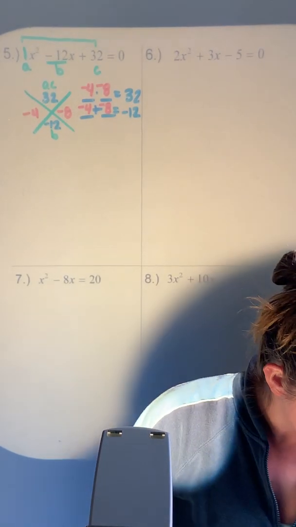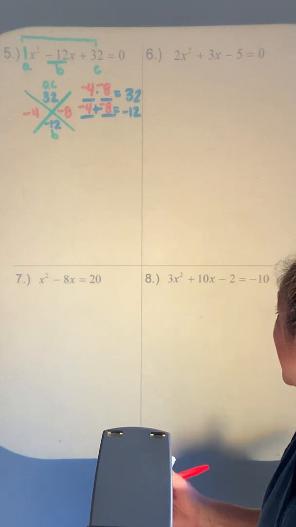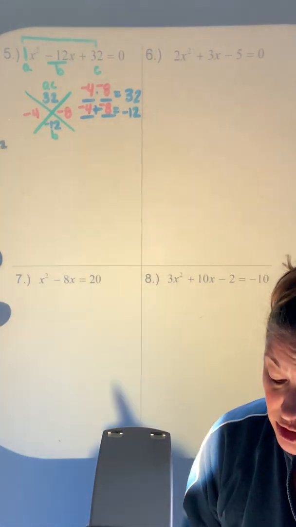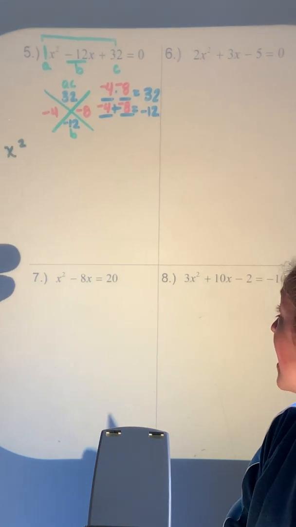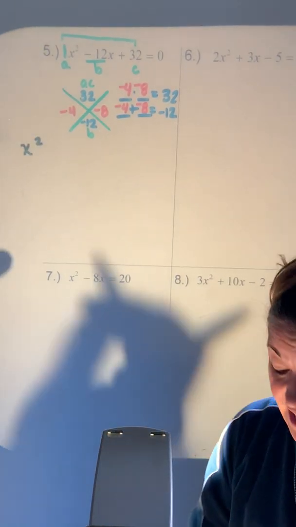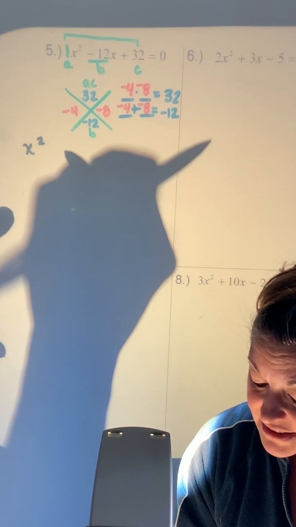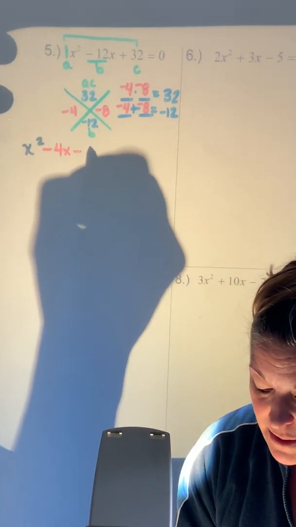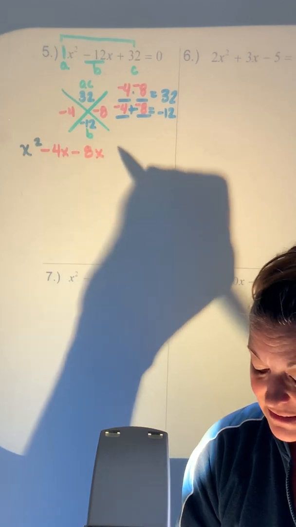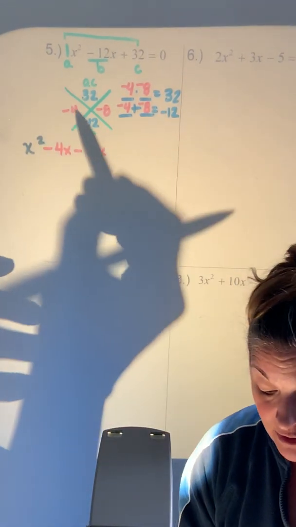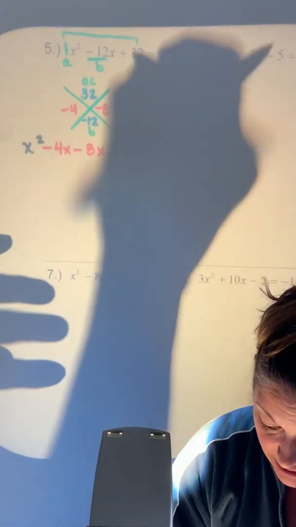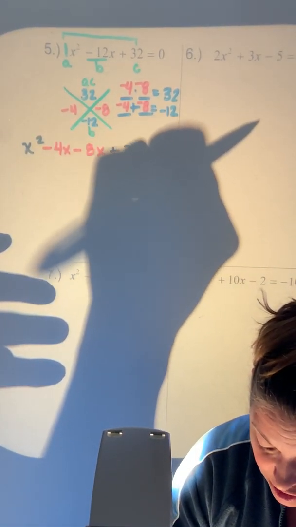So continuing with that same kind of x method, what they'll tell you is now let's take the original polynomial, that x squared, but instead of writing -12x here, we're going to write -4x and -8x. And those 4 and 8, those numbers just came from right up top there. And then we write the plus 32.